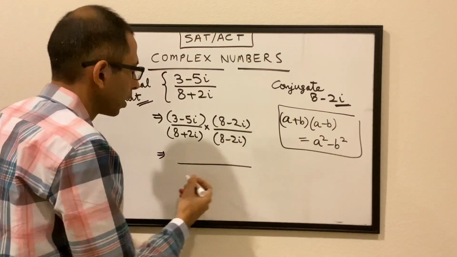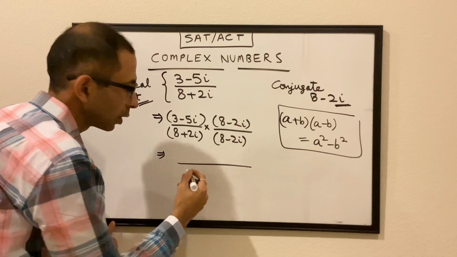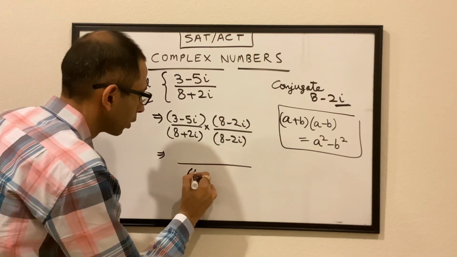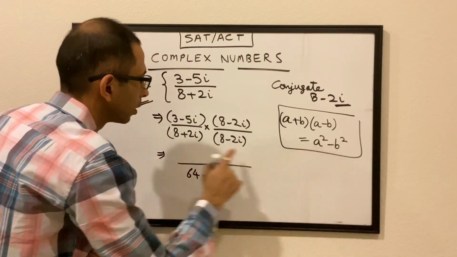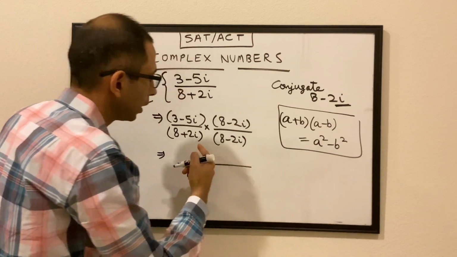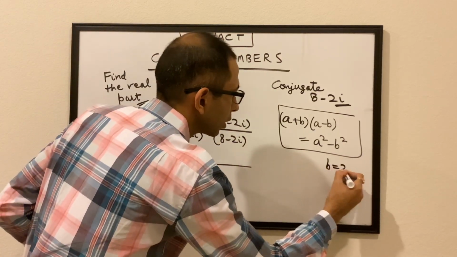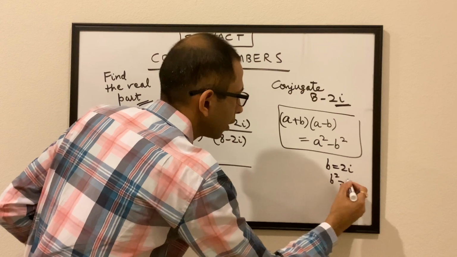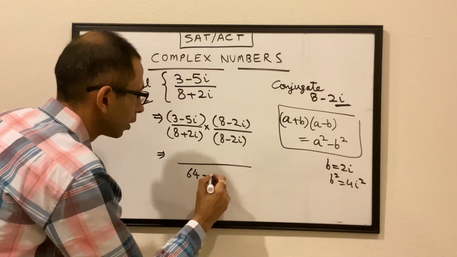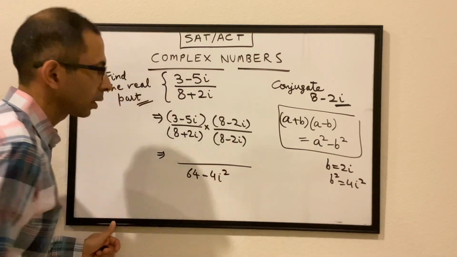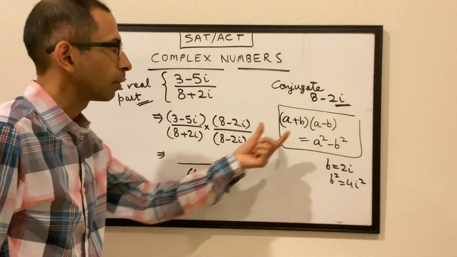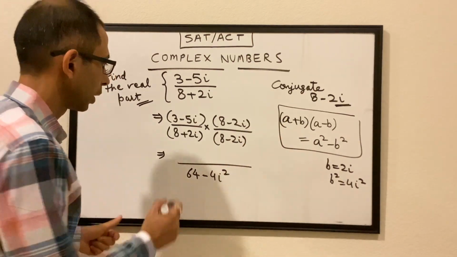When we do that, we get a square, which is 8 square, which is 64, minus b square. Now b is 2i in this case, so b square would be 4i square. All we have done is use the difference of squares for the denominator, okay?